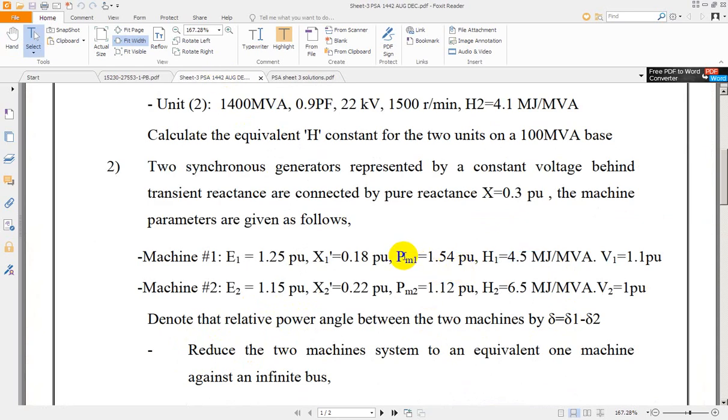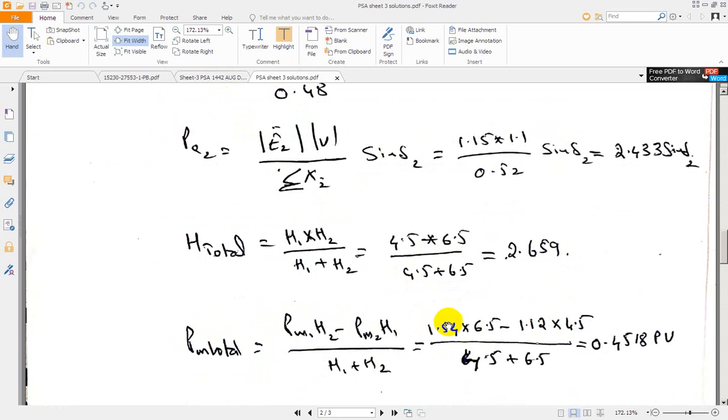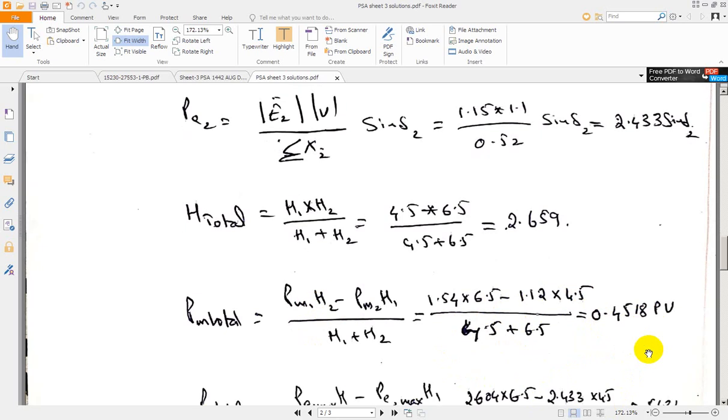PM1 is 1.54, PM2 is 1.12, so 1.54 times 6.5 minus 1.12 times 4.5 divided by H1 plus H2. You will get it as 0.4518 mechanical input.